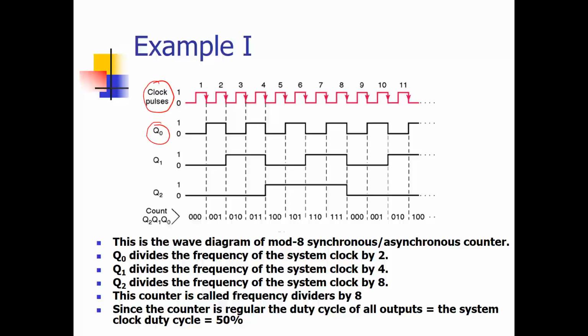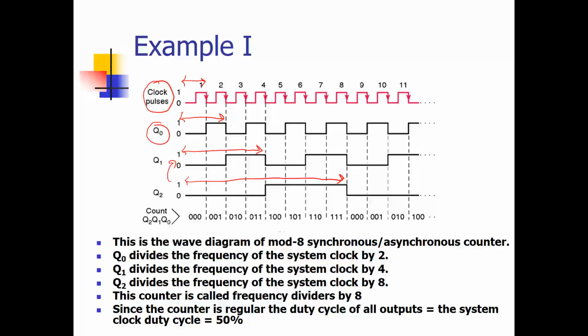This is the behavior of Q0. If this is the period of the clock, you can see that the period of Q0 is double that. The period of Q1 is double the period of Q0, and the period of Q2 is double the period of Q1. So now you can see how these frequencies are being divided.